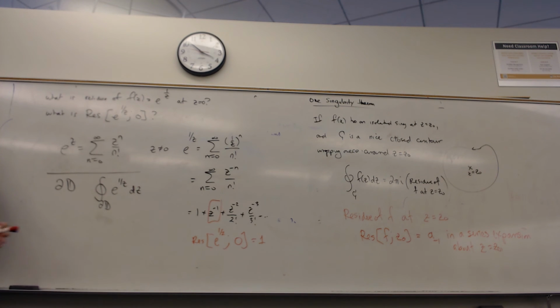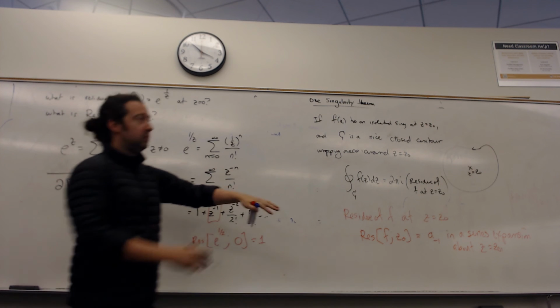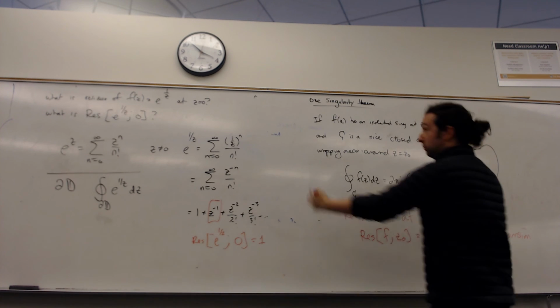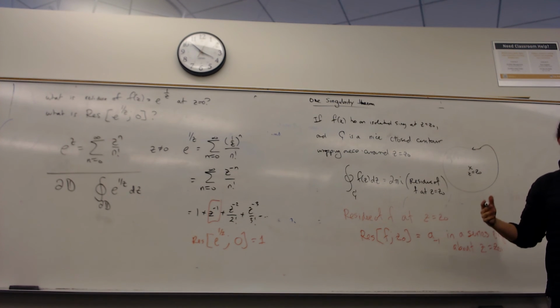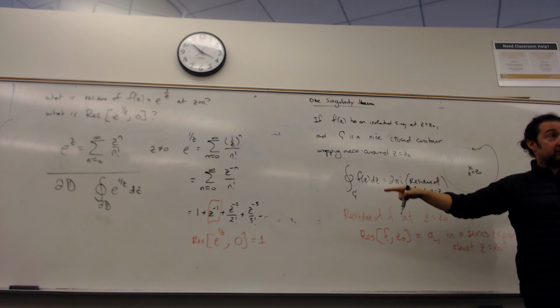You could parameterize that if you really wanted to, or you could do a really complicated calculation involving using a contour and then letting limits take place. But what the one singularity theorem is going to do once we've built it, in its full glory, it's called the residue theorem, lets us immediately say what that is.